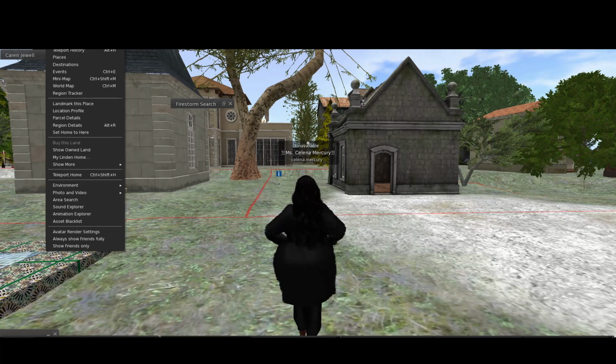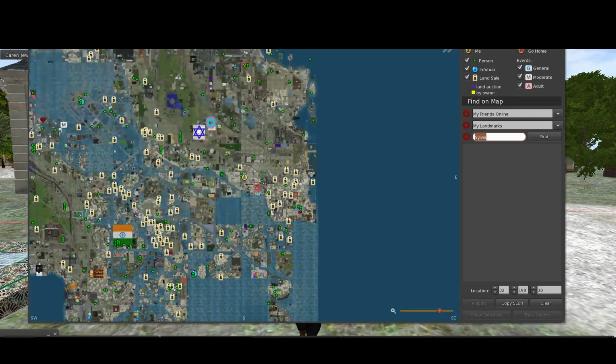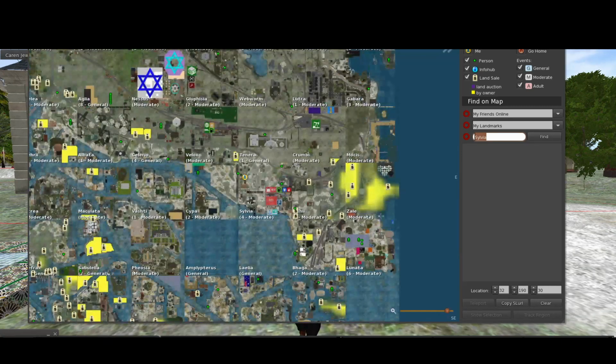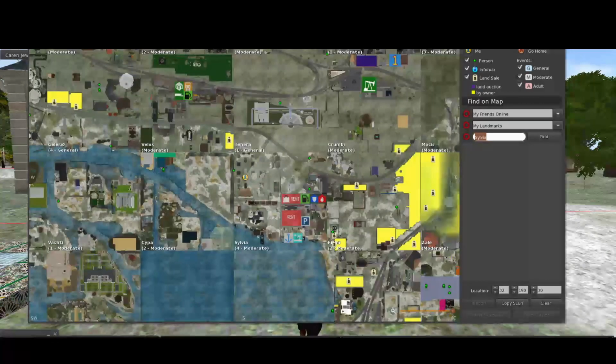But we're going to go to World, and we are going to go to our map here. And immediately what you see are dollar signs, tags, and we're going to scroll in here. Now you can see where I am.